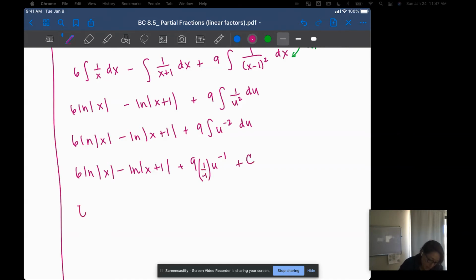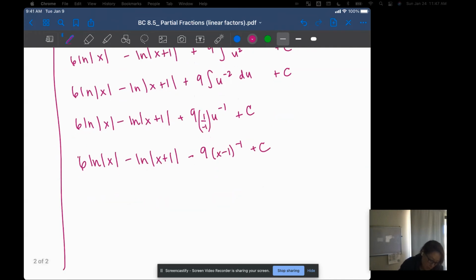So I end up with 6 times the ln of x minus ln of x plus 1, plus, or actually it's minus, 9 times, replacing my u, which is x plus 1, to the negative 1, plus c.